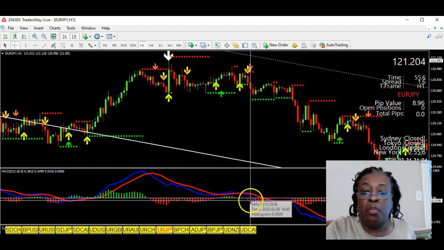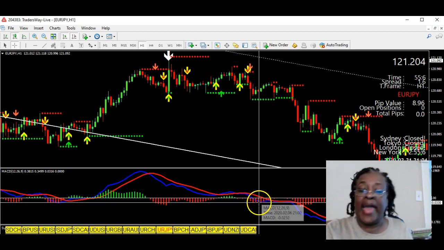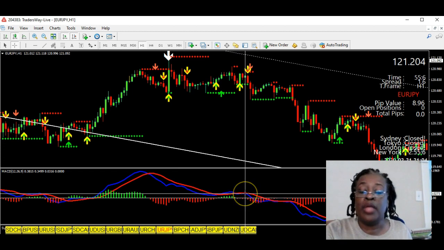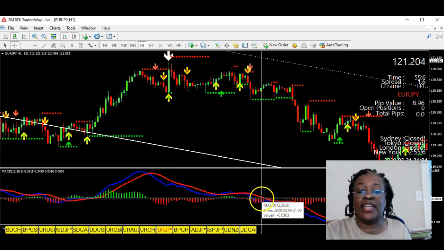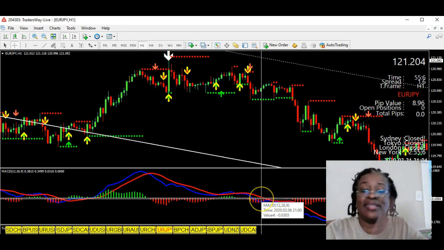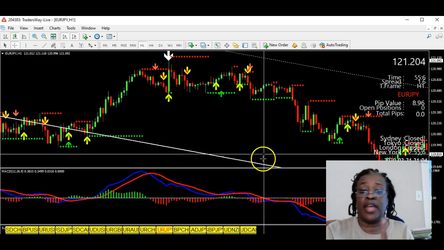More power. And it coincides with what the MACD is doing. It's traveling through and is gaining strength as it makes its descent into a downward momentum. Powerful stuff.